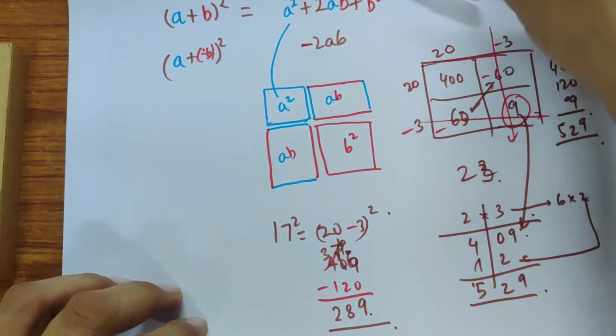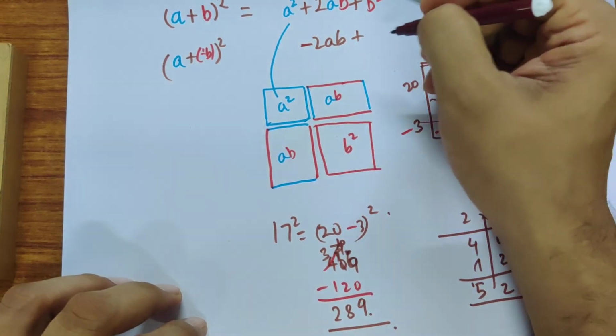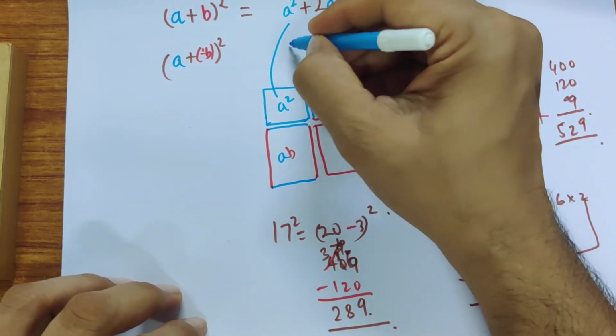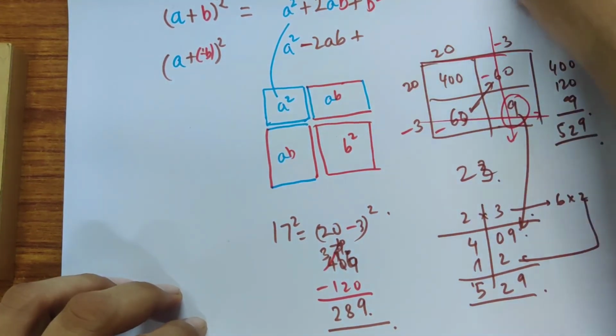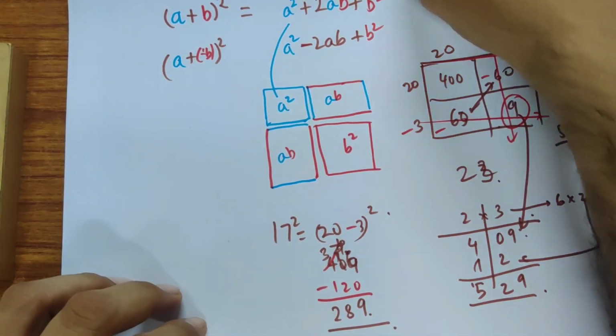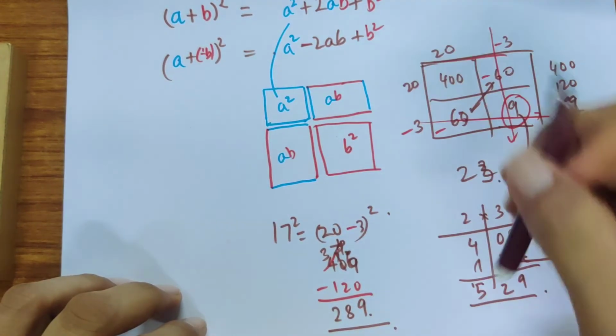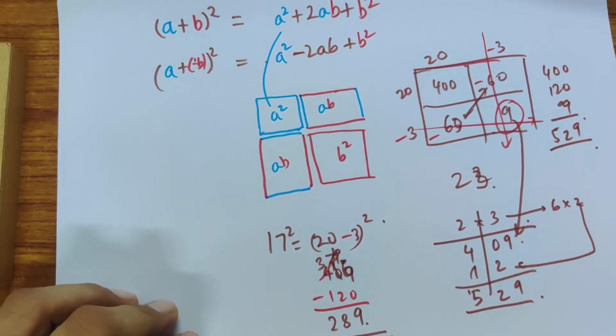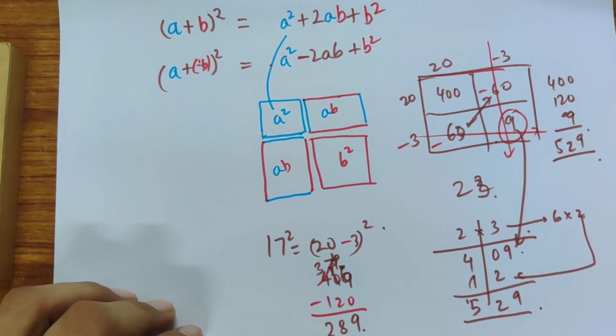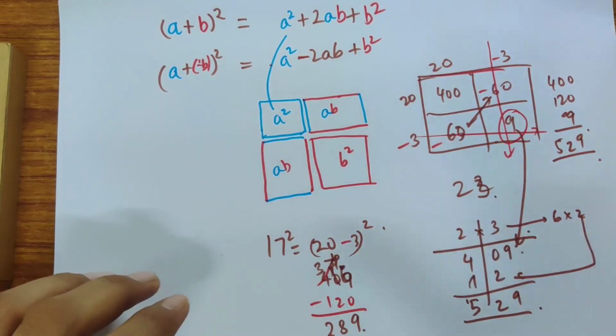But wherever there is a b square term, that will stay positive. Of course, a square is still positive, so I get a square and I get b square. And this is how I would do (a plus b) whole square and (a minus b) whole square. And of course, you will go slow with the children and so on.